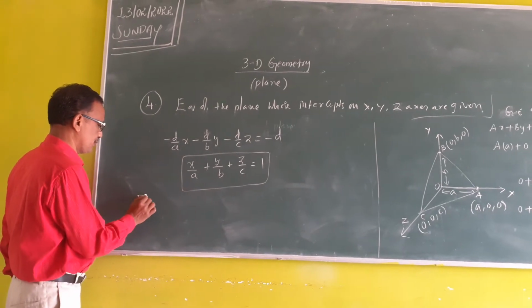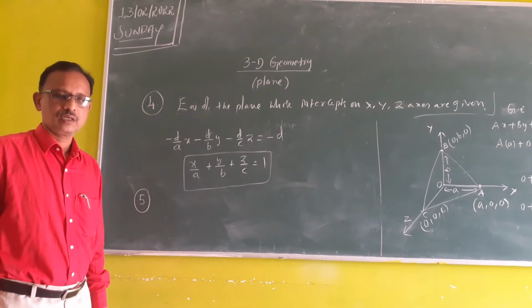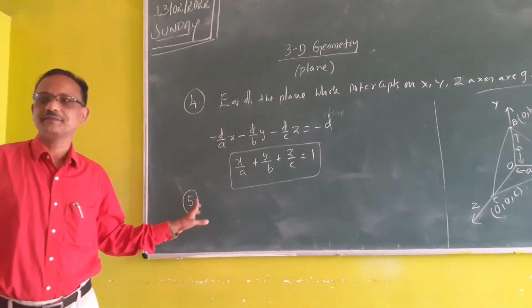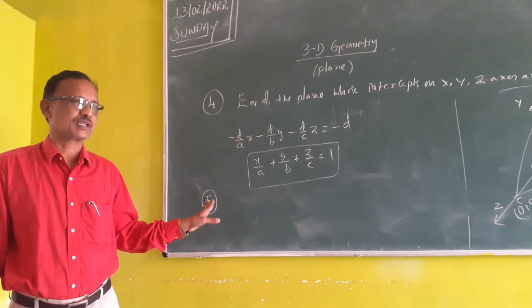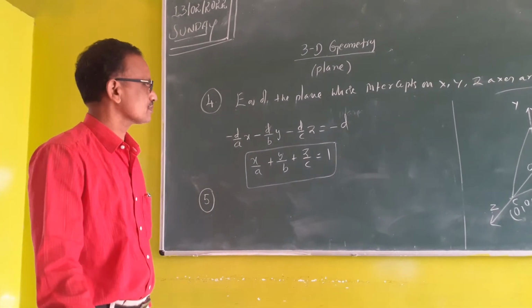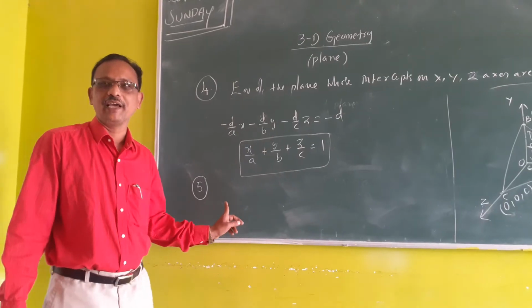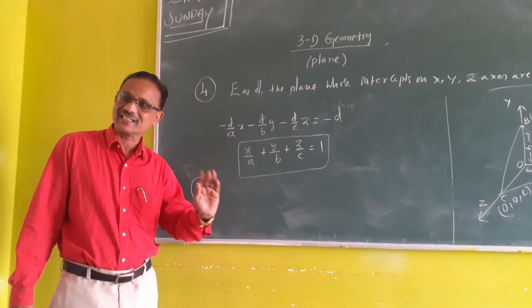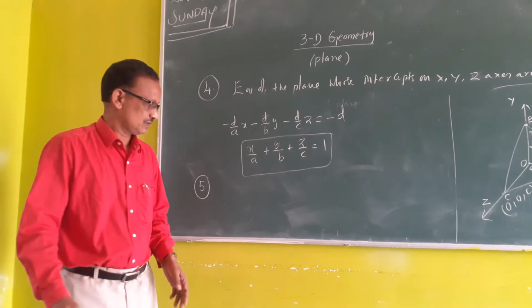Next is the fifth point, the last equation: a plane passing through the intersection of two planes.